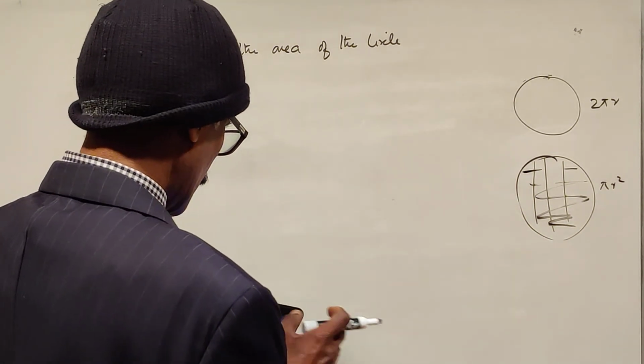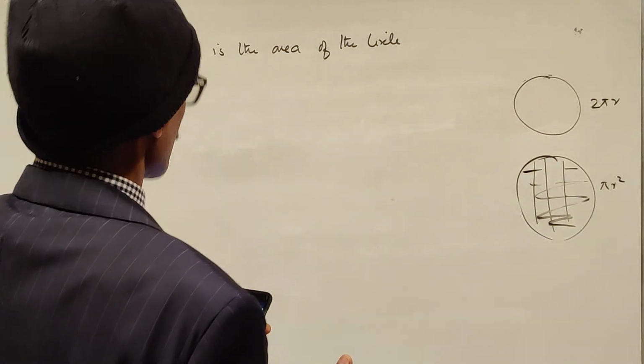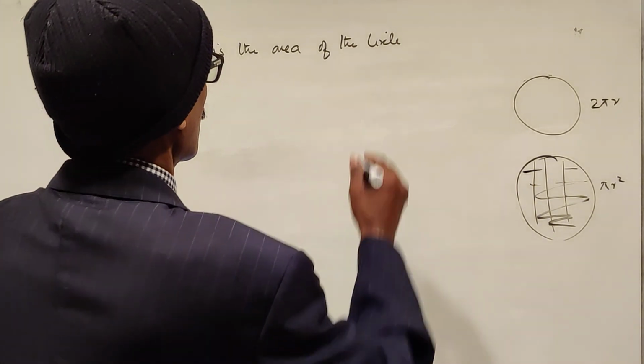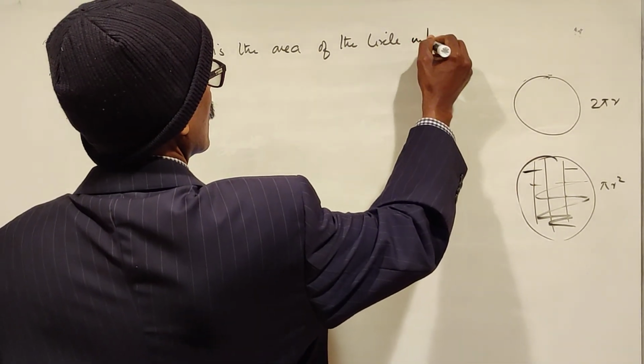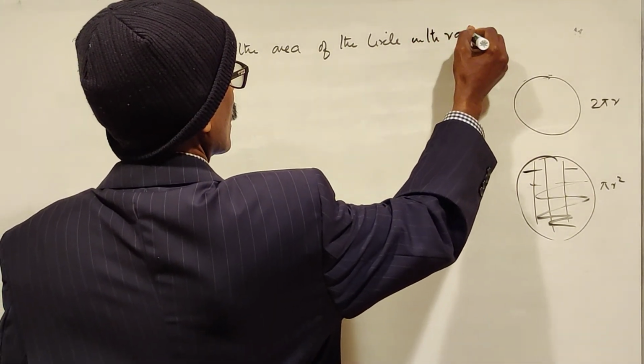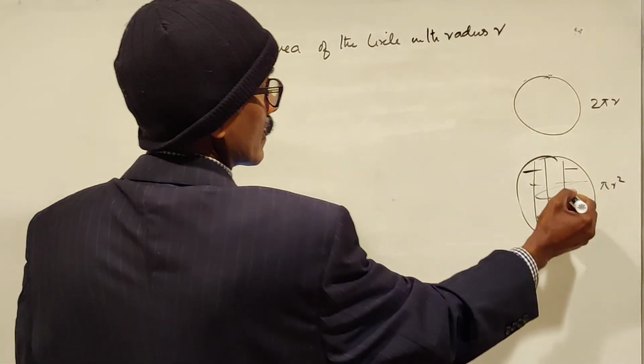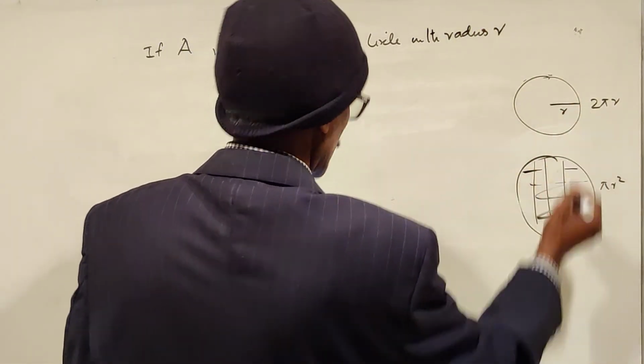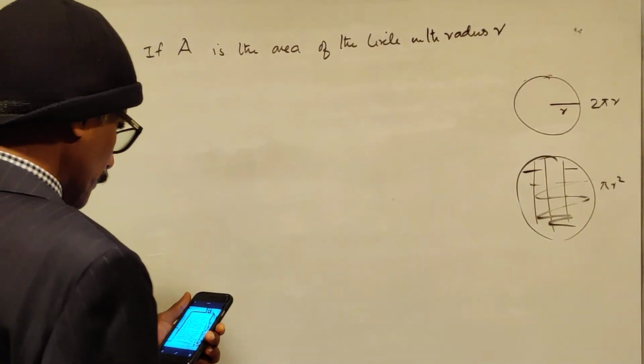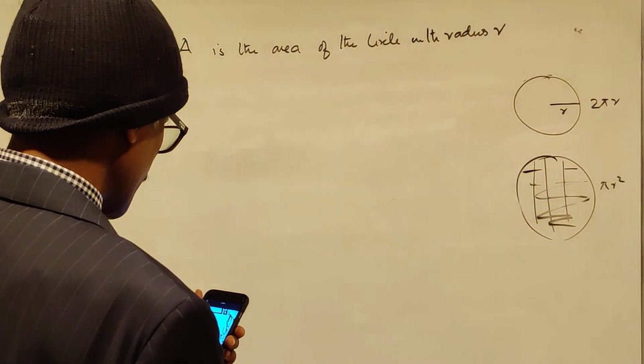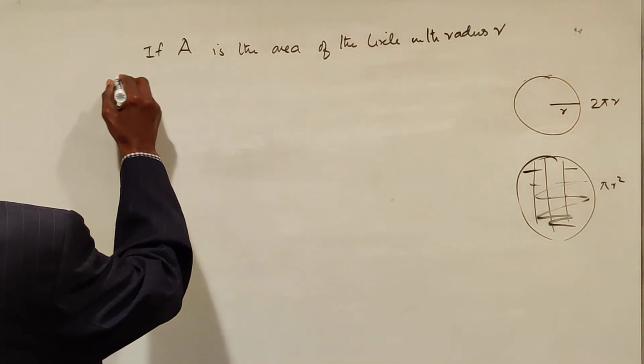Area of a circle with radius r. Radius is from here to here. That is radius. And the circle expands as the time passes. This is also the same thing.